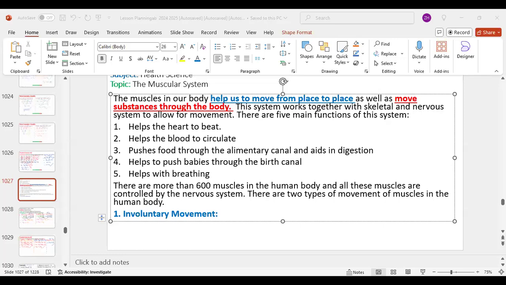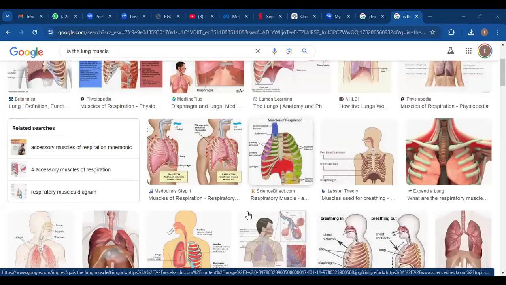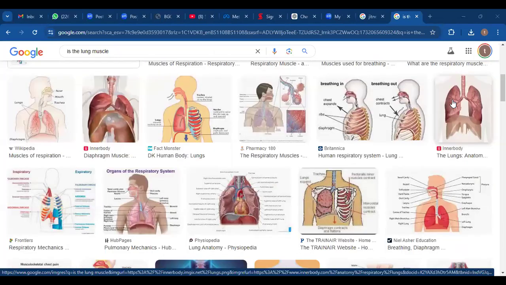You know what I mean when I say the diaphragm? No, but I'll figure it out. Okay. Let me show you the diaphragm. The diaphragm is the main muscle in the respiratory system. So this is your lungs, right? Okay, there it is.